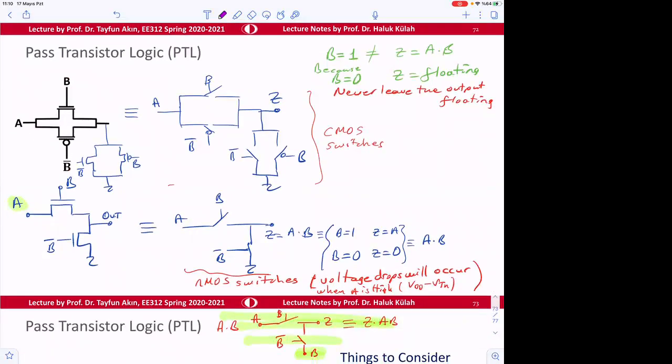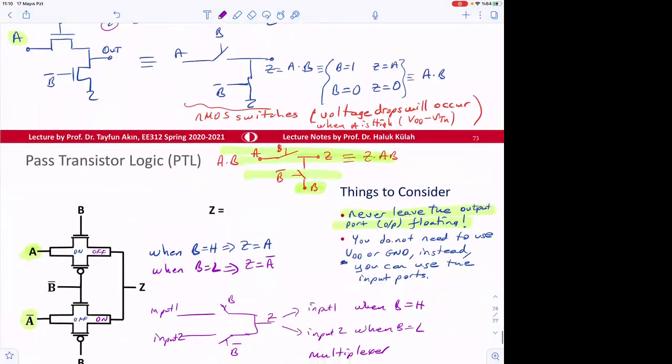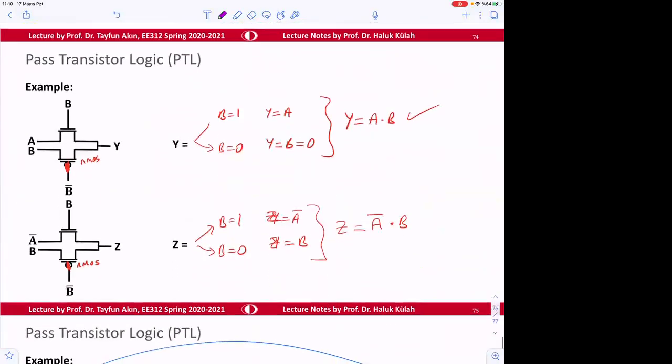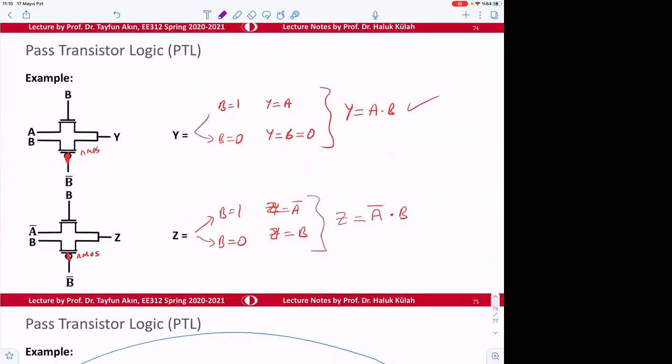This one here could be B. It also works like that. Okay, so if you don't have questions, I'm going to go to the next subject.